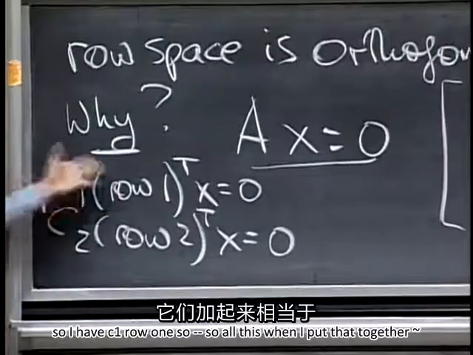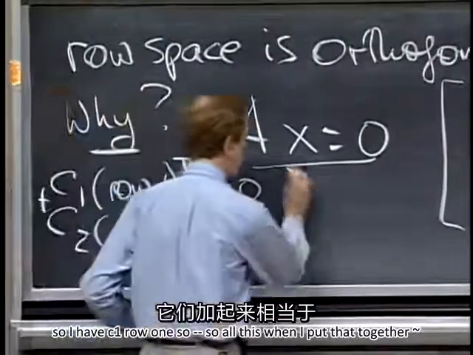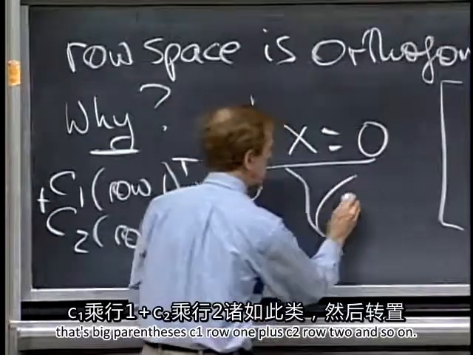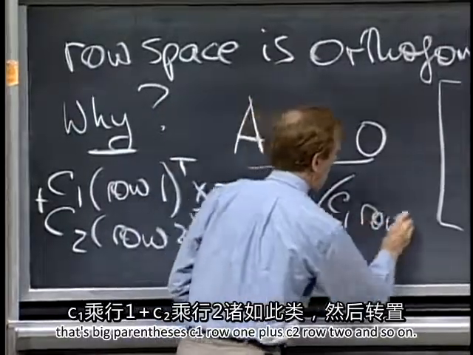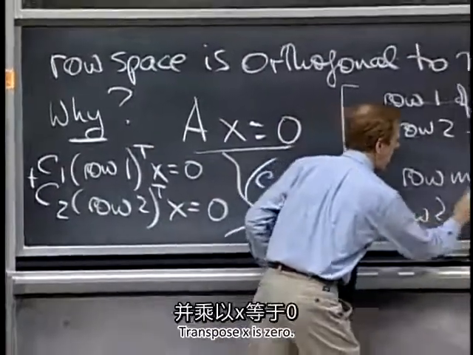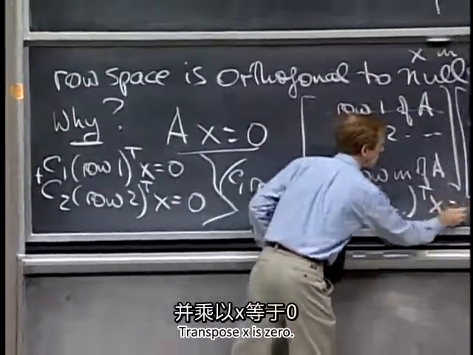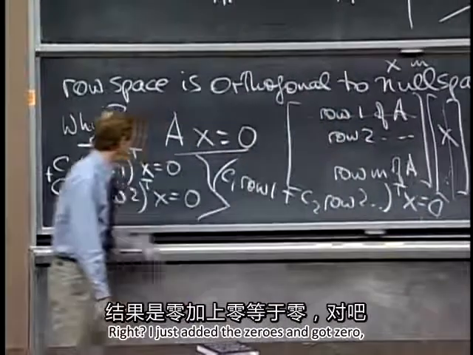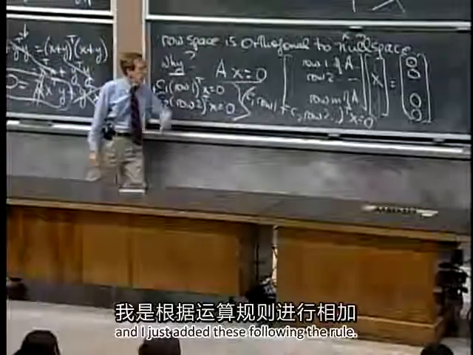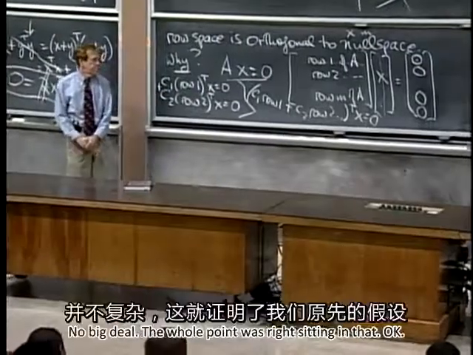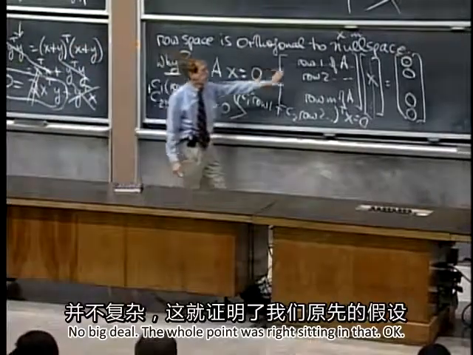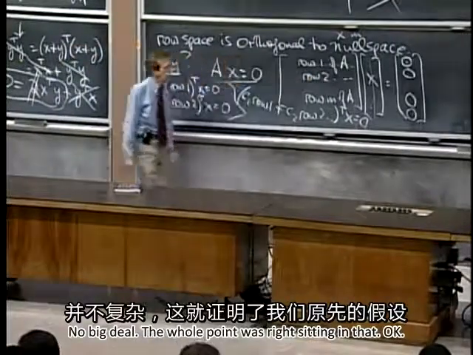So I have c1 row 1, and when I put that together, in big parentheses, c1 row 1 plus c2 row 2 and so on, transpose x is 0. Right? I just added the zeros and got 0, and I just added these following the rules. No big deal. The whole point was right sitting in that. Okay.